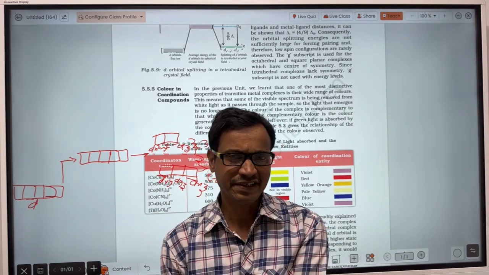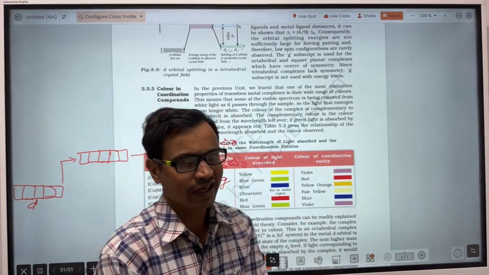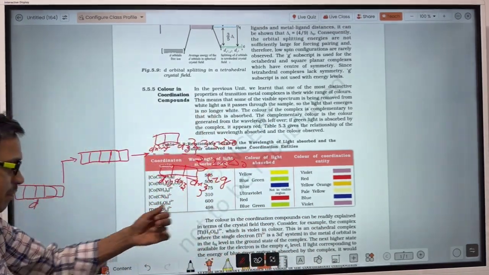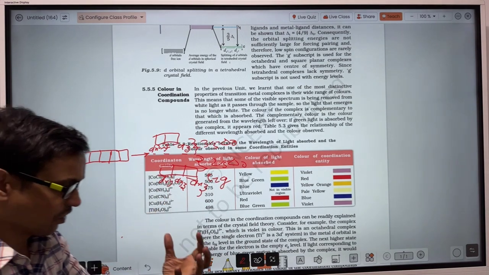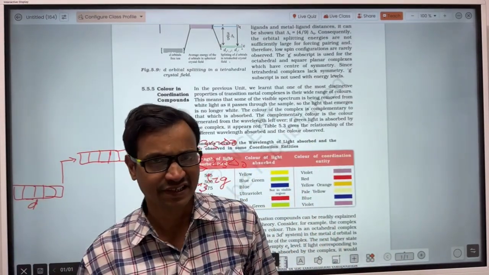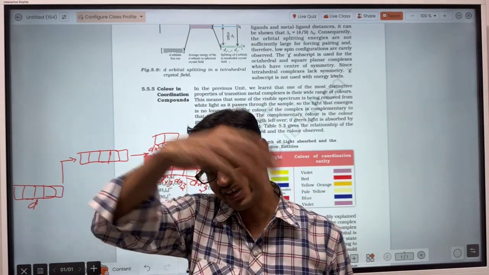Why? Because when light energy falls on the coordination compound having octahedral geometry, the electron present in the T2g energy level will absorb some of the energy, and the remaining portion of energy will reflect back.